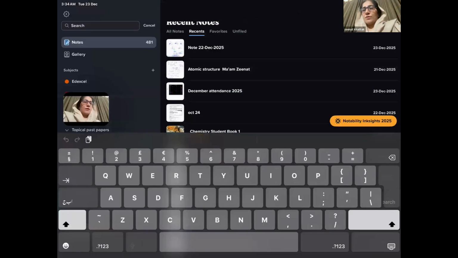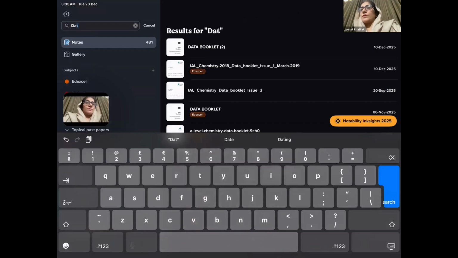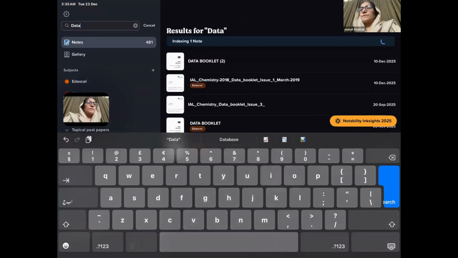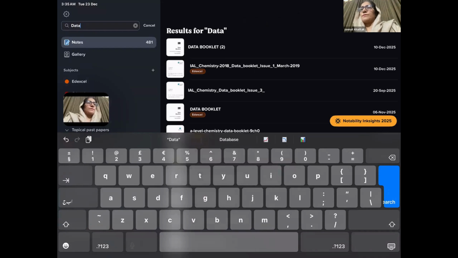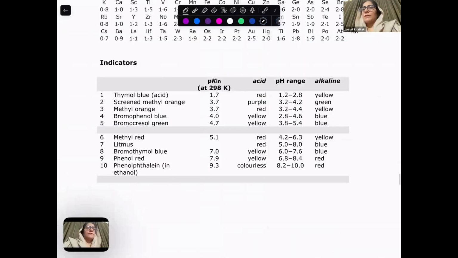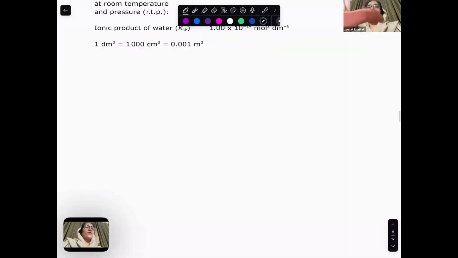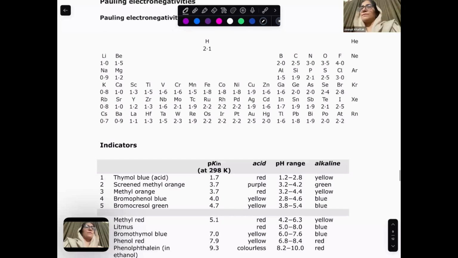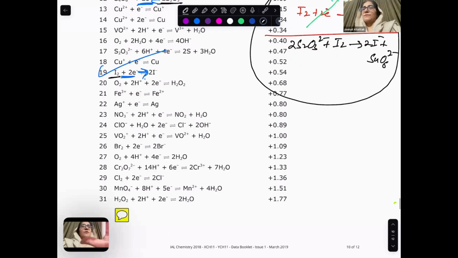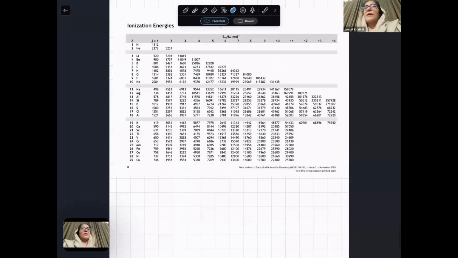Look, the data booklet. I know it's the Pearson data booklet, but it has much more information. This is your aluminium. I'm going to relate it to this aluminium.